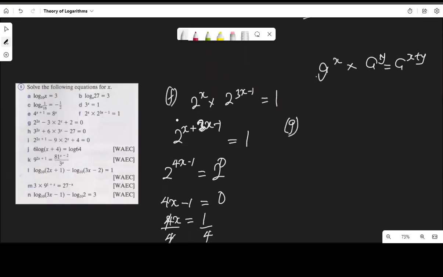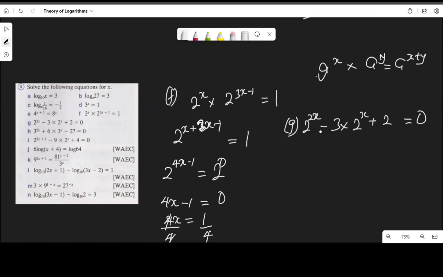Now let's do question G here. G says 2 to the power of 2x minus 3 times 2 to the power of x plus 2 equal to 0. And this one is going to lead us to a quadratic equation.